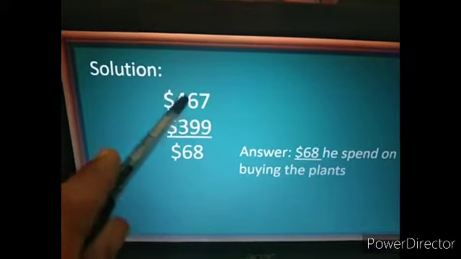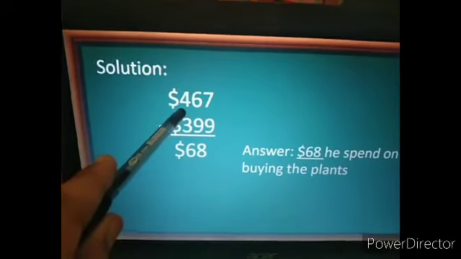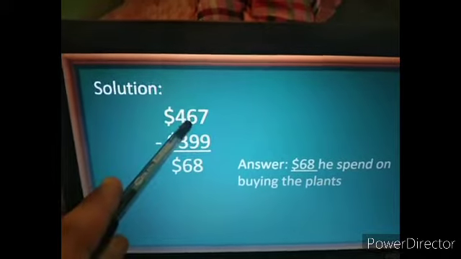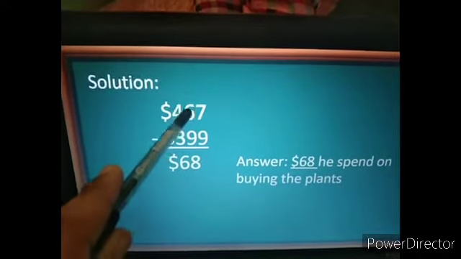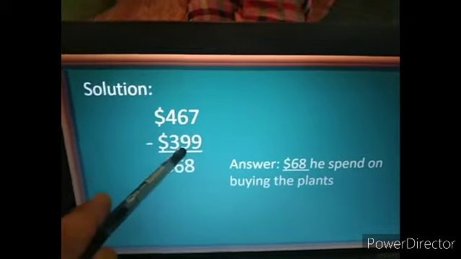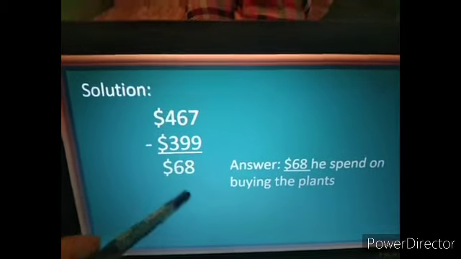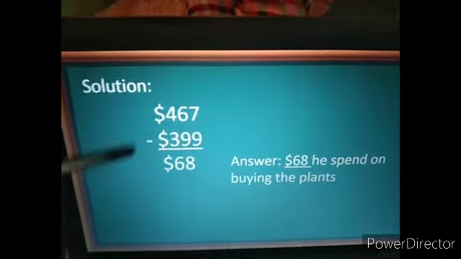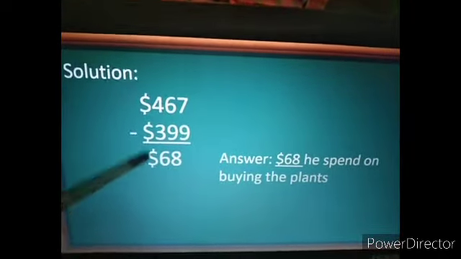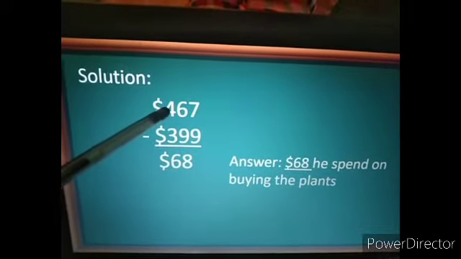the number 4. So the hundreds, I'm going to give the hundreds to the tens. So it is going to be 15. Okay, 15 minus 9 is equal to 6. So again, the answer is $68 because the 4 is going to be 3.